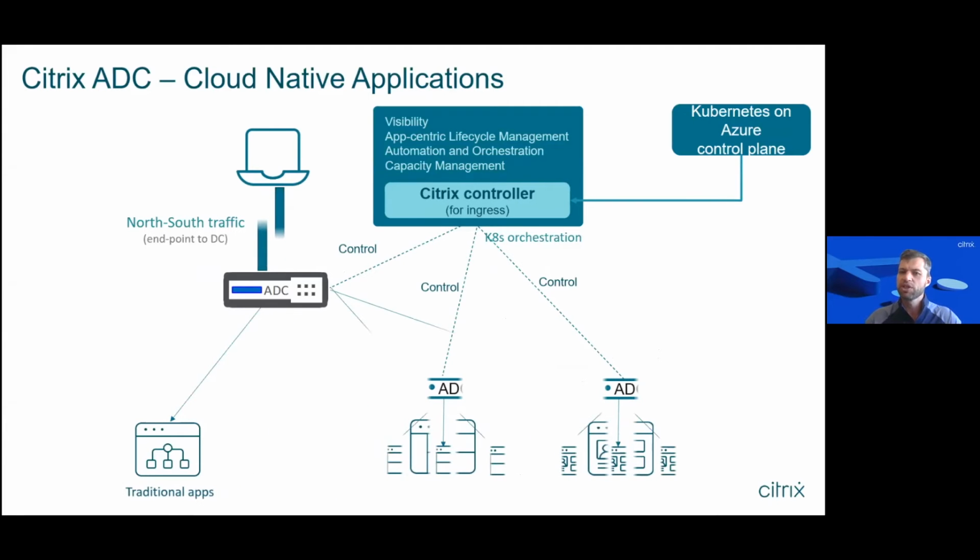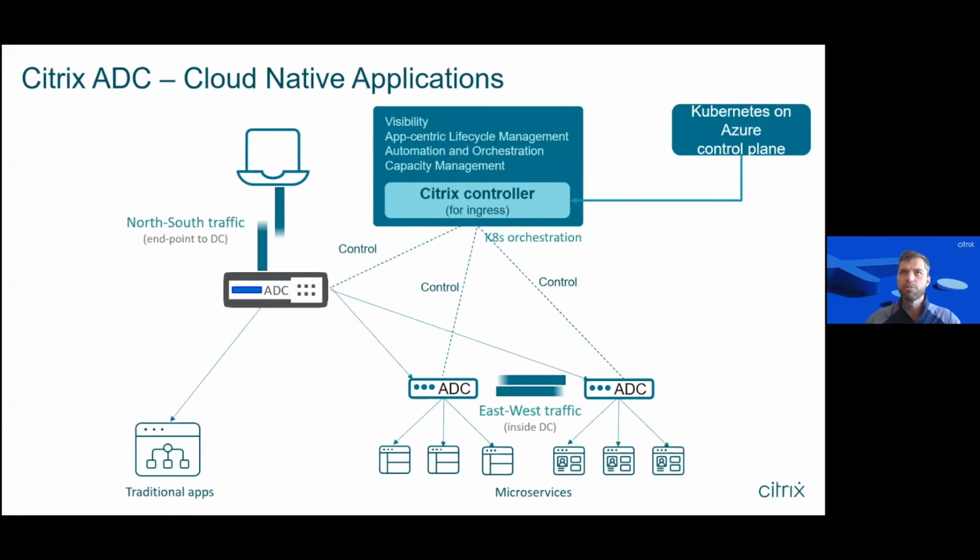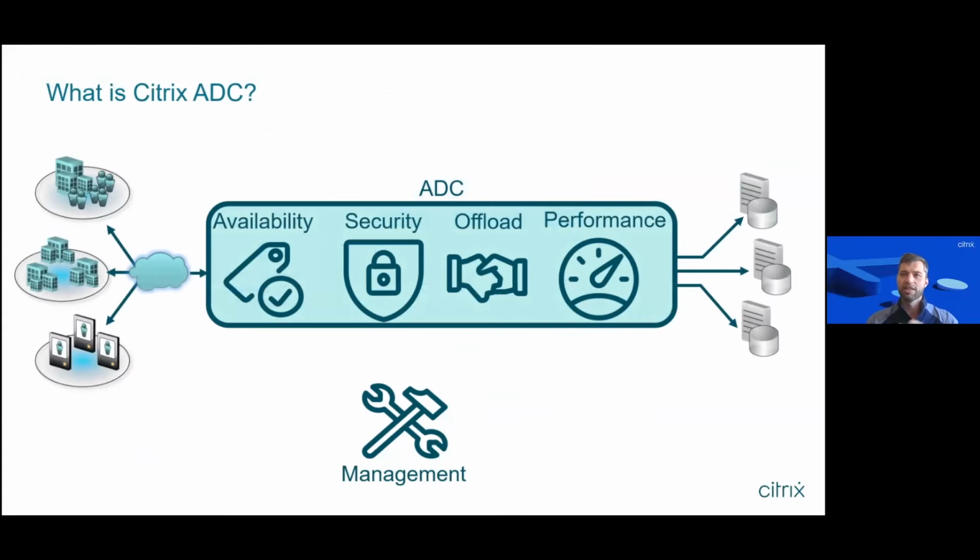But modern applications of today are moving towards this containerized approach, typically running in a Kubernetes environment. And so load balancing these microservices requires a more automated and orchestrated approach with an ability to also manage this east-west traffic.